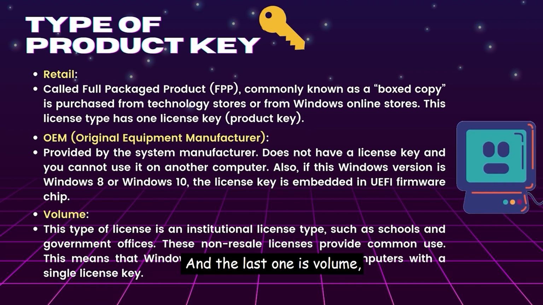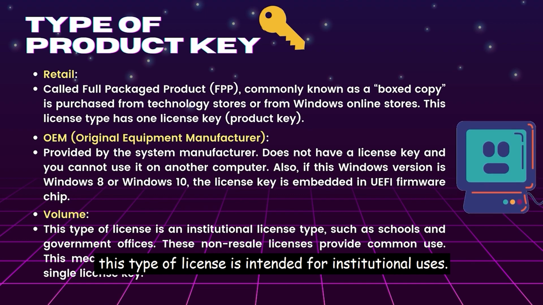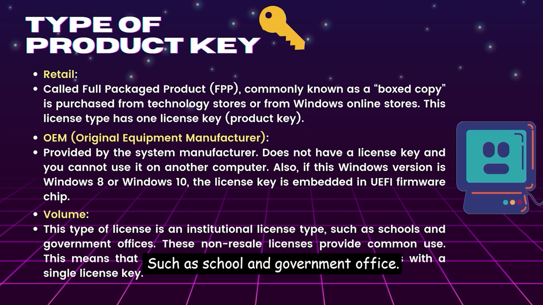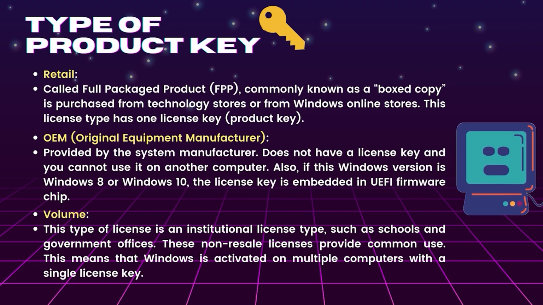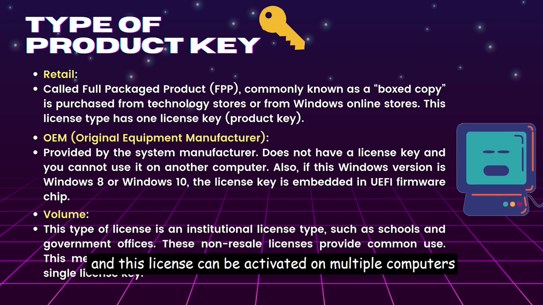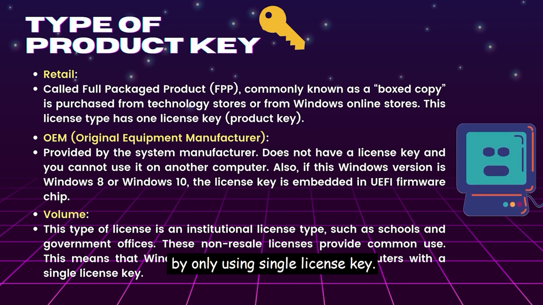And the last one is volume. This type of license is intended for institutional uses such as schools and government offices. These non-resale licenses provide common use, and this license can be activated on multiple computers by using only a single license key.